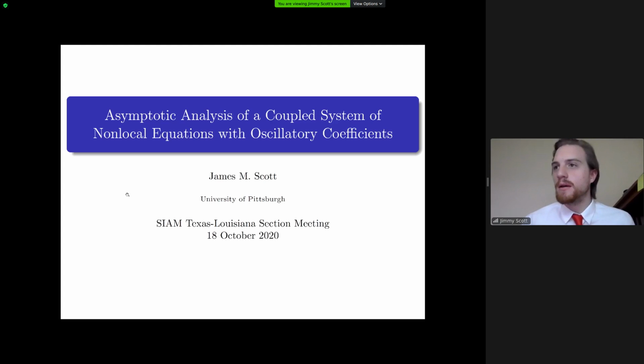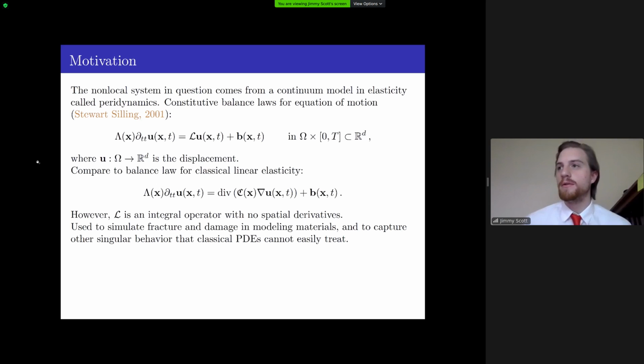So anyway, because we've seen so much on peridynamics so far, I won't focus too much on the model and where it comes from.